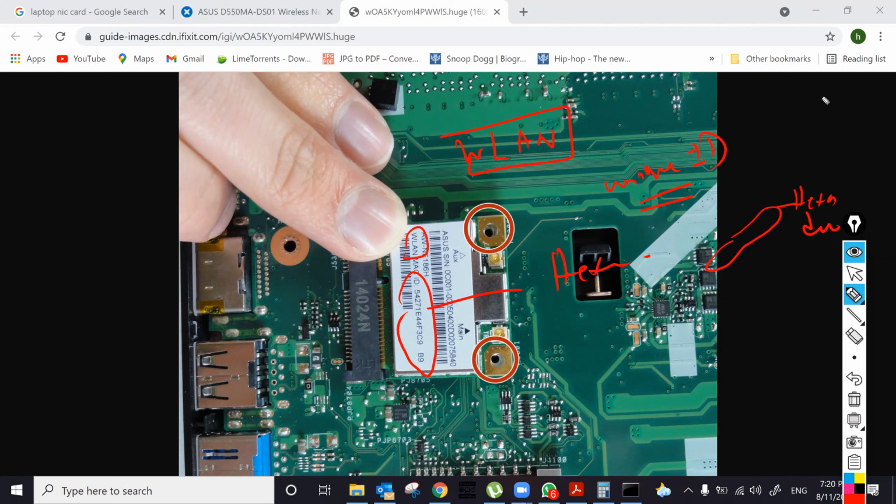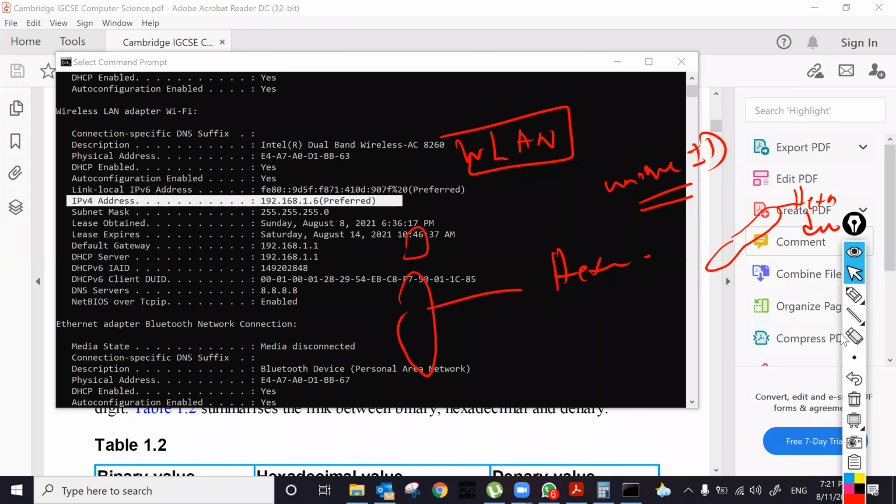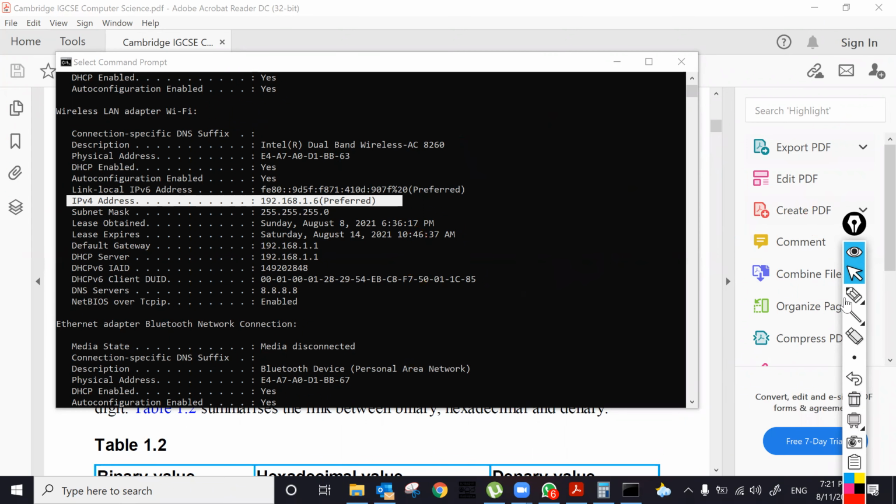Why are we saying it is a unique ID? Because each and every particular card should be recognized from the rest of the cards, right? So that is called the physical address. That means every network interface card has a physical address or MAC address, and this MAC address is denoted by the hexadecimal number system.